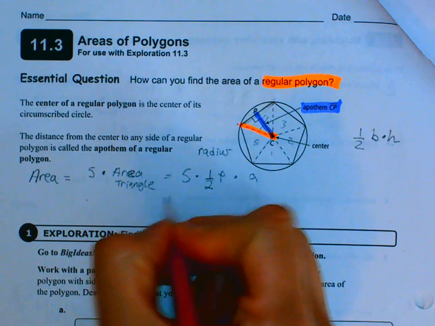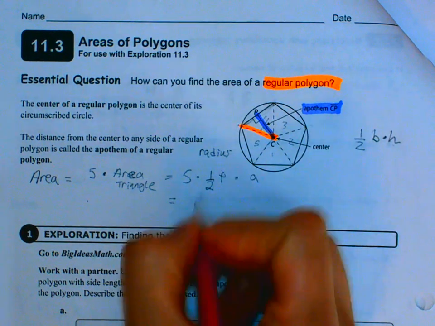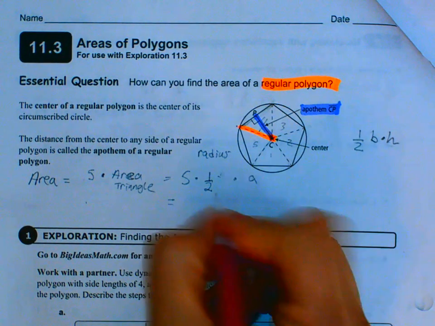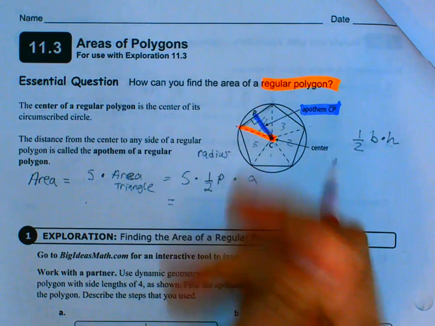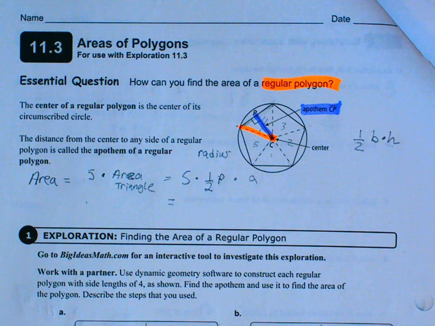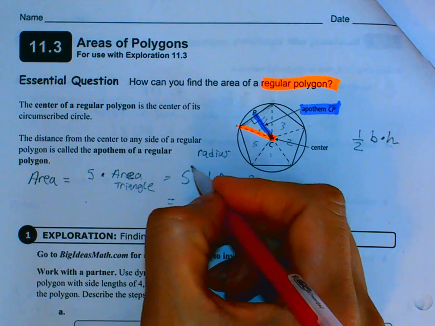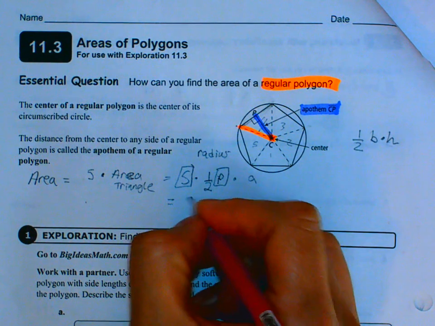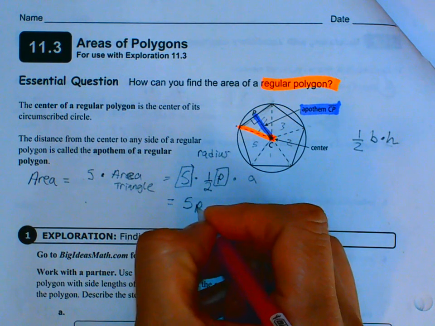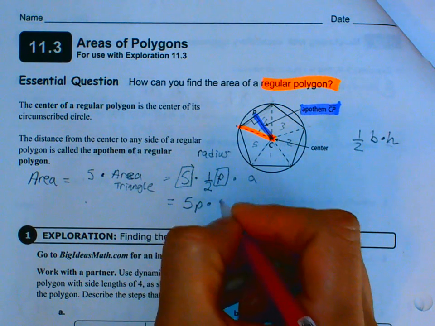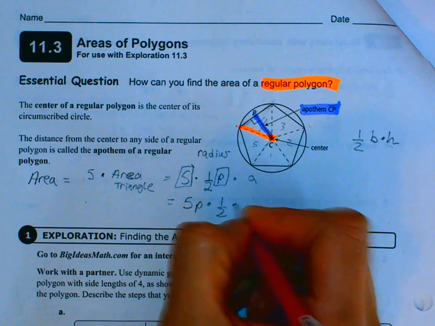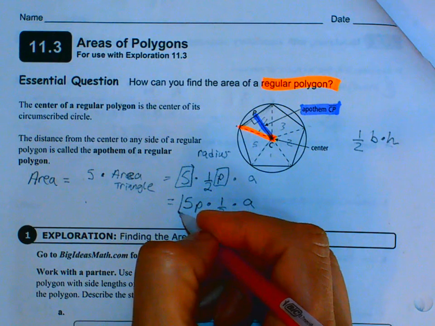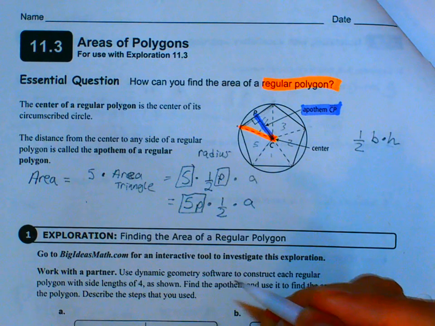Now, I'm going to rearrange a couple of things here. This is lowercase p, and there's a reason why the lowercase is going to matter. If I put them together, that gives me 5p times 1/2 times a. Now let's focus on what exactly 5p is.